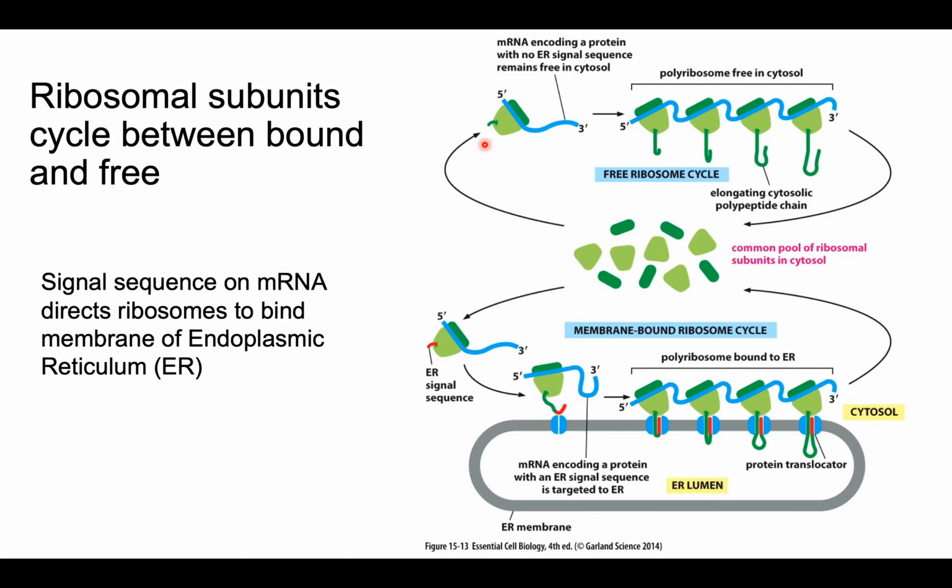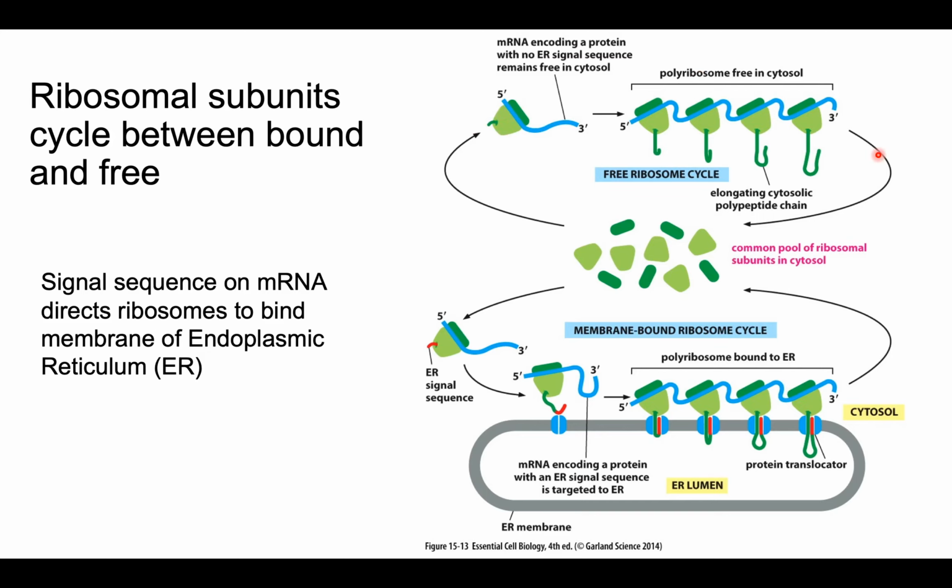So if one attaches to an mRNA, it's making this protein, it's going to stay in the cytosol. Sometimes we can get multiple ribosomes binding at the same time, making lots of proteins simultaneously. That's this polyribosome we're seeing in action right here. So it comes out, there's nothing to recognize, it's just going to stay in the cytosol.